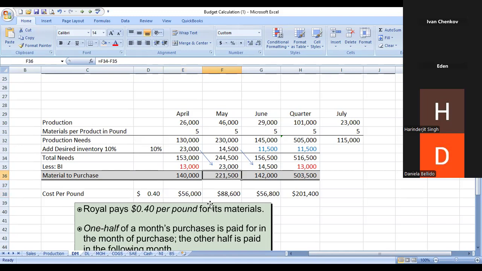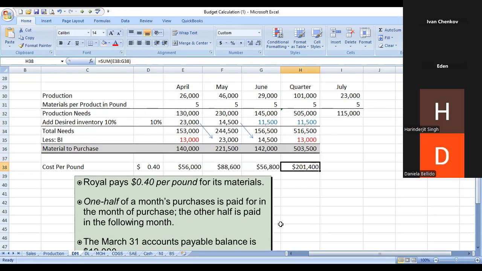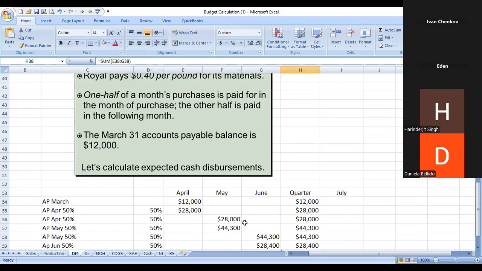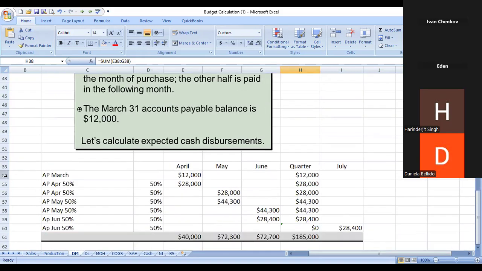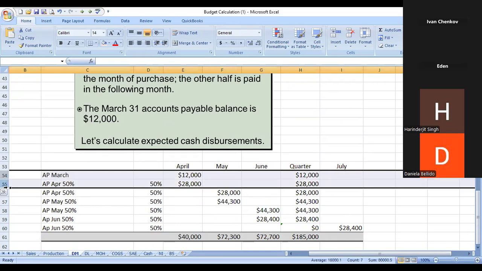The 221,500 pounds that we need is going to cost us $88,600. The 142,000 pounds is going to cost us $56,800. So the amount of material that we need to purchase for the quarter is going to cost us in total $201,400.